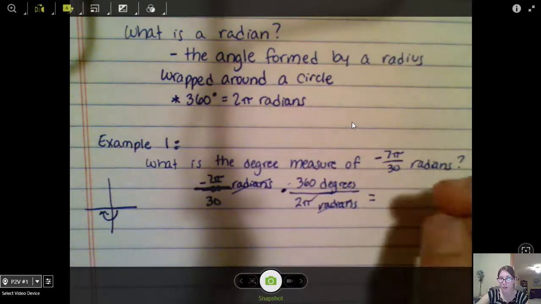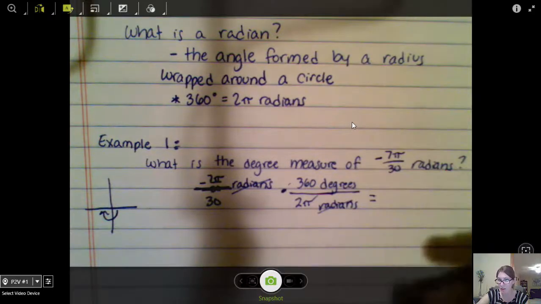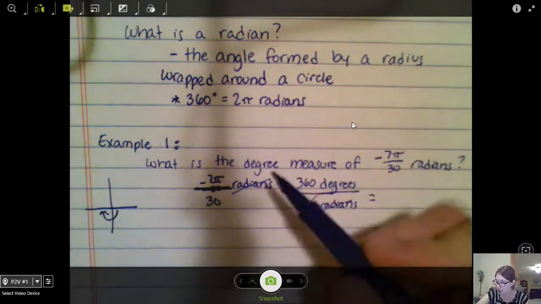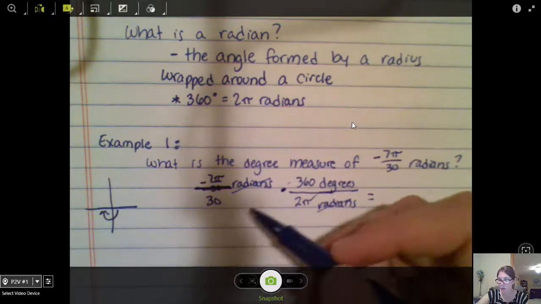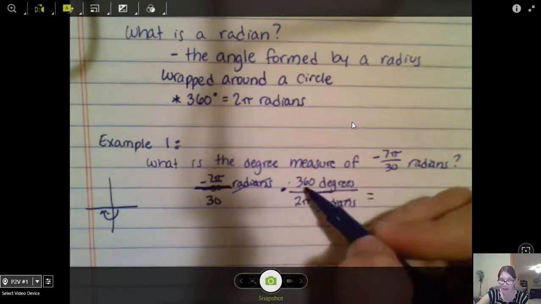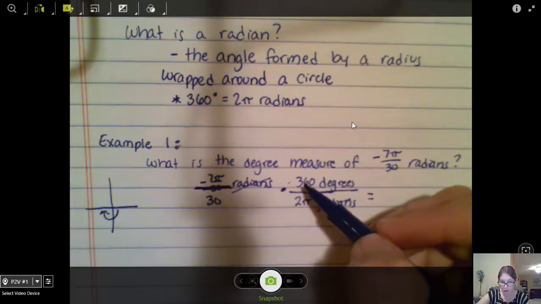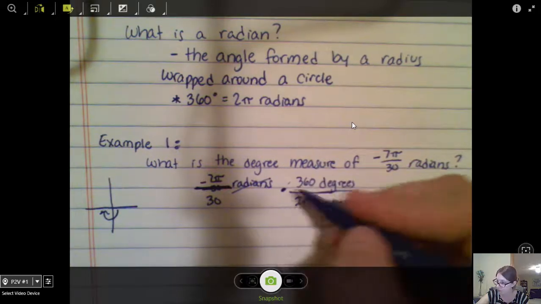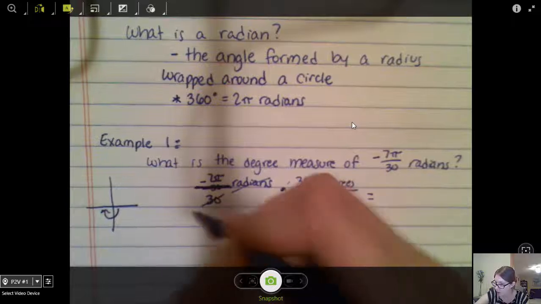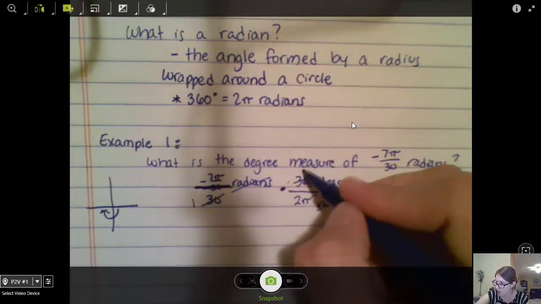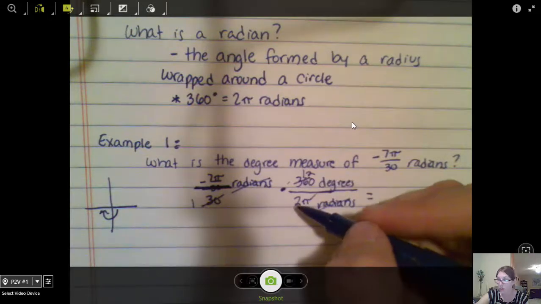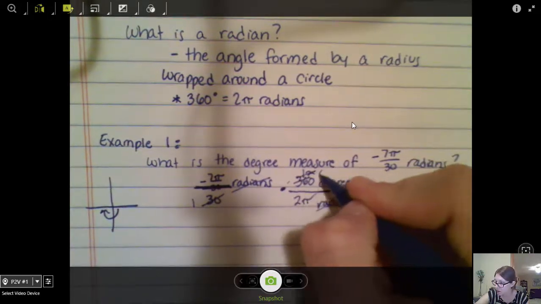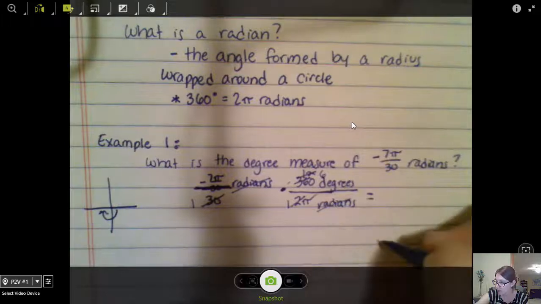Now, before I actually multiply those numbers, because we don't necessarily have to do 7 times 360, remember that we can simplify diagonally too, like 30 and 360. Simplify to 1 and 12. And then 12 over 2 simplifies to 6 over 1.